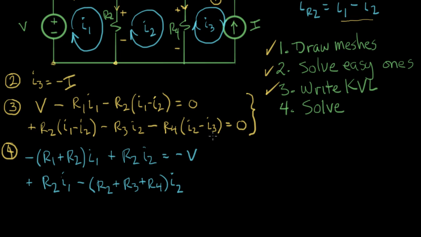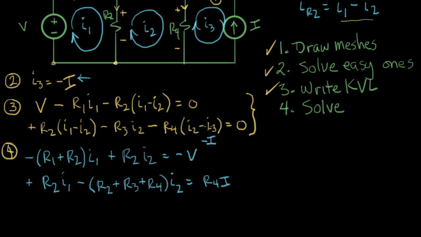Now we have an I3 term in here, but we know what I3 is. I3 we know from this, so I'm going to write that down right here. That equals minus I. There's lots of minus signs here, so let's see if we can get this right. Minus R4 times minus I3 is positive R4 I3, or it's negative R4 I. And when we take it to the other side, it'll be plus R4 I. Let me check that again.